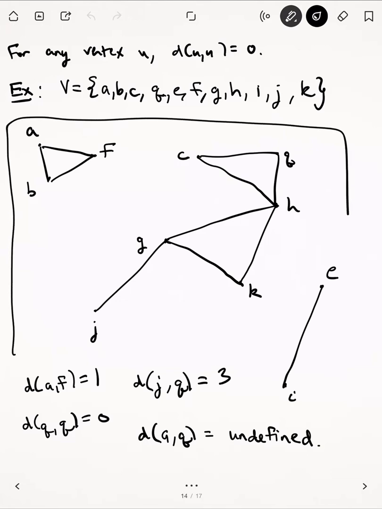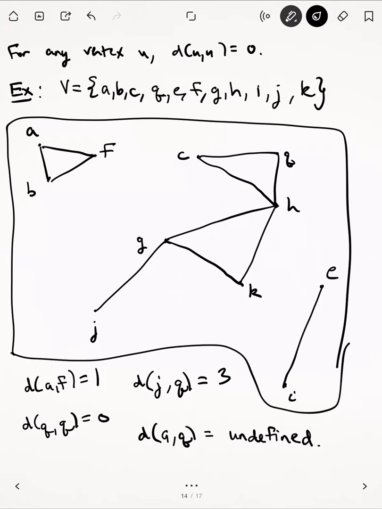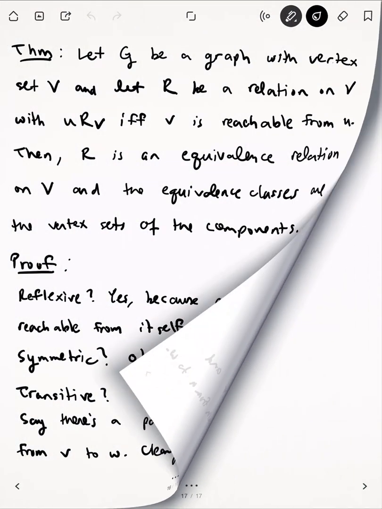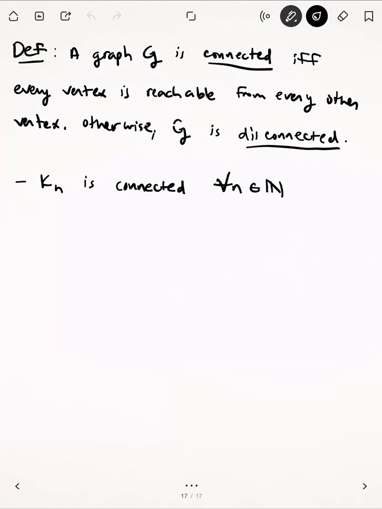If I take the subgraph BAF, it's connected. But if I add any other vertex, my subgraph will no longer be connected. And so this gives rise to the idea of a maximally connected subgraph.